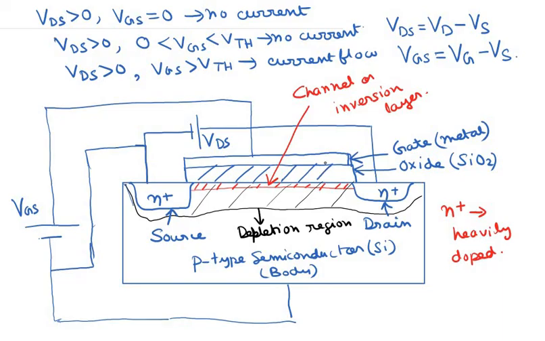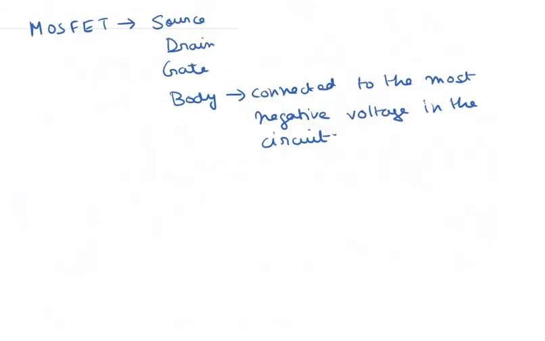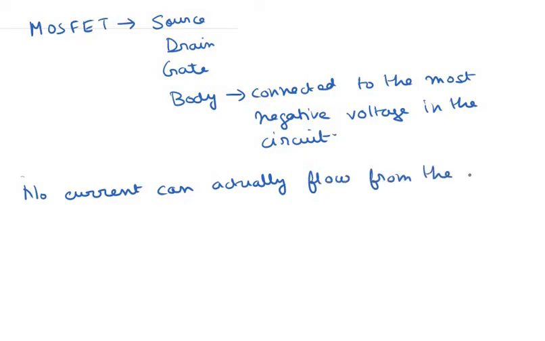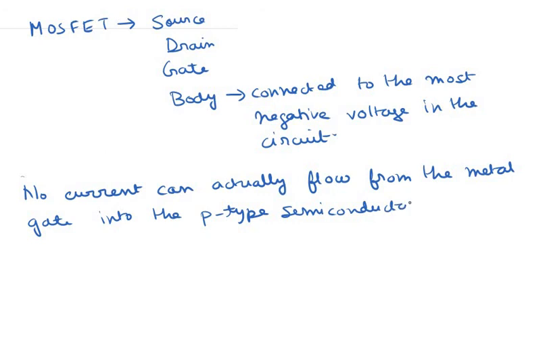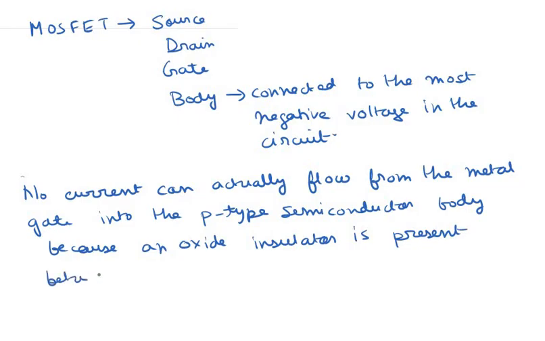So, no current can flow from the metal gate into the p-type semiconductor body because an oxide insulator is present between them.